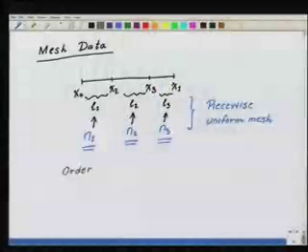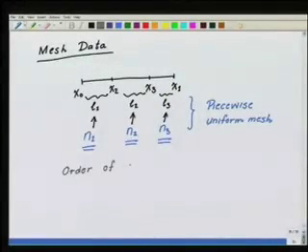The last thing that we need to specify is the order of approximation, small p. This we are assuming is uniform in the whole domain.